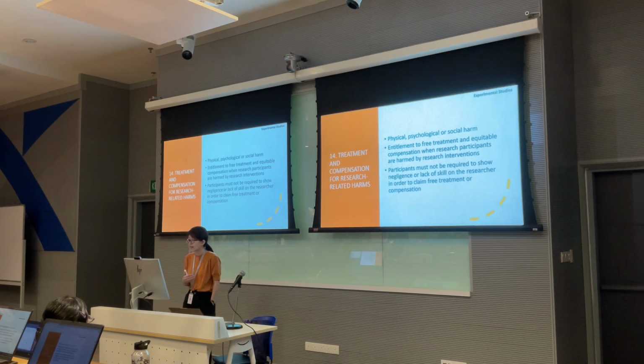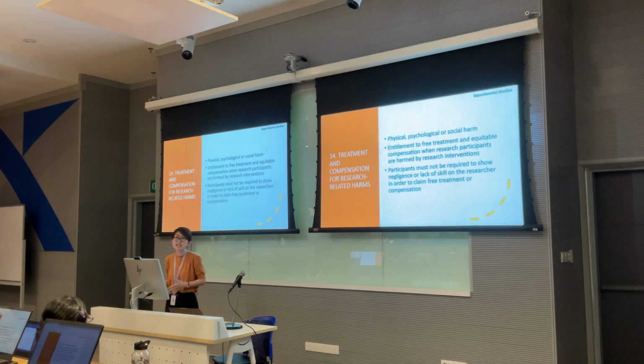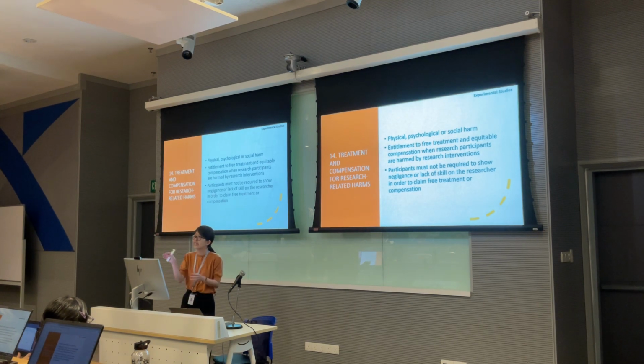So you can provide some rehabilitative service to them to recover, or provide additional care and treatment for the side effects or harms. And participants should also not be asked to waive. In your consent form, you cannot include any statement that waives your responsibility if you have already created some harm to your participants.